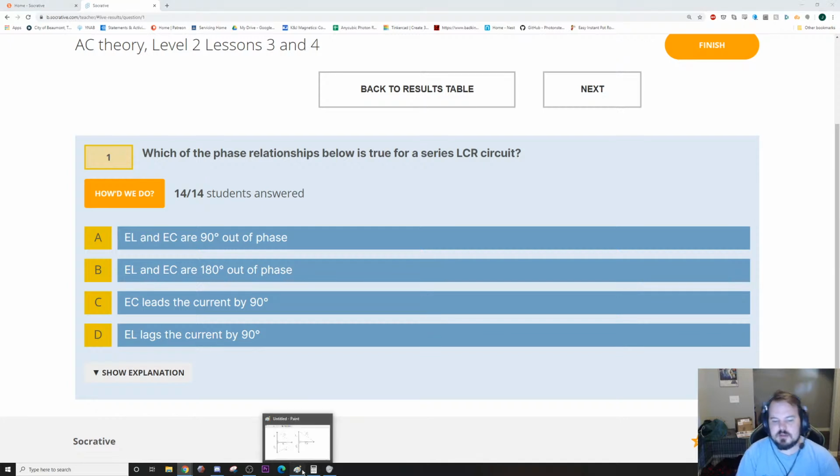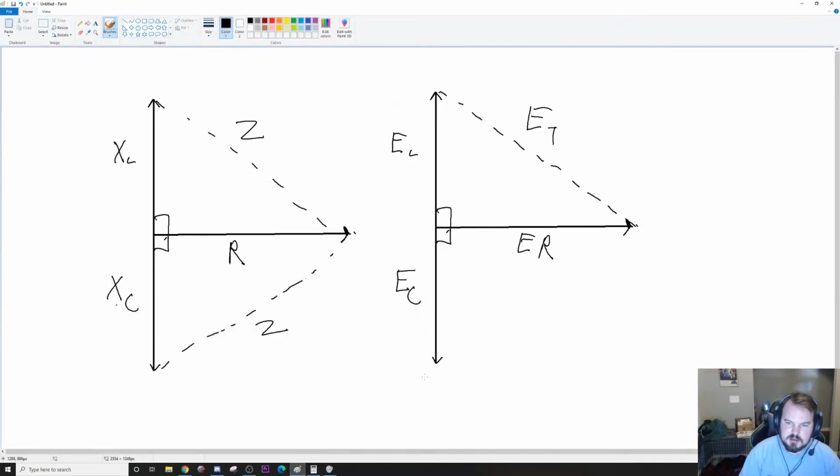So, to explain that, in a series circuit, I is there. It's just all of the currents are at 0 degrees. E of R is at 0 degrees.